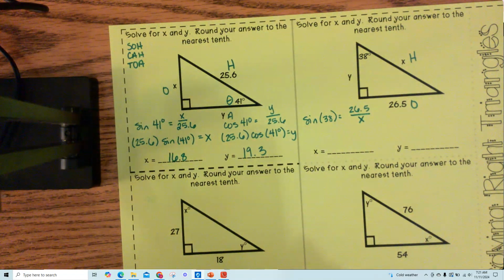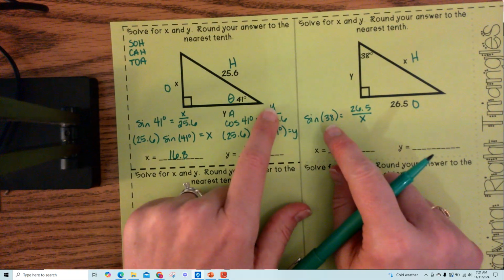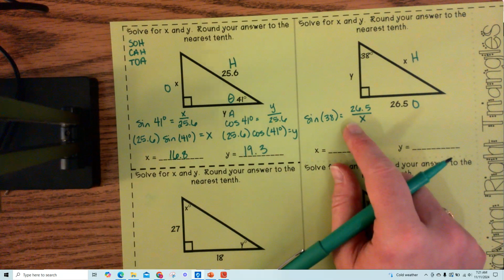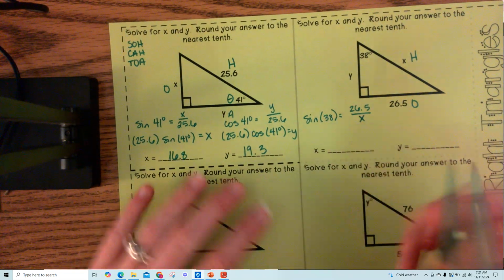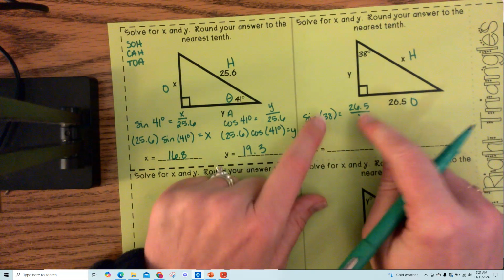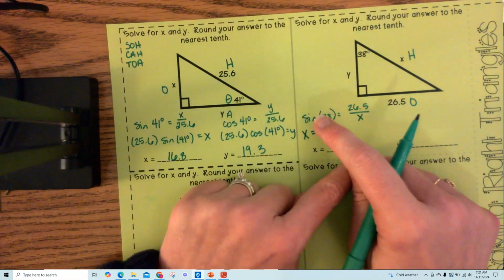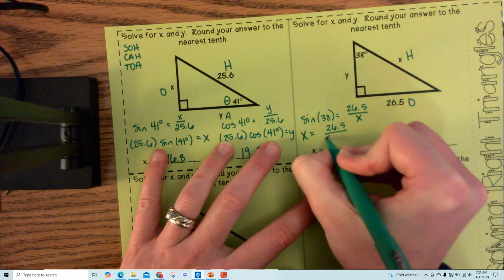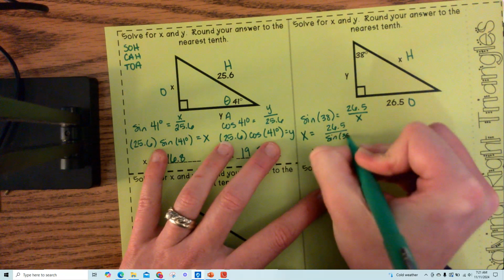All right, in a situation like this one, if you notice the difference, here we had the variable on top of the fraction, here it's on the bottom. So what's going to happen is these 2 things switch places when we solve. So it would be 26.5 over the sine of 38.